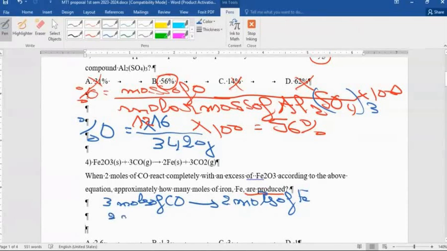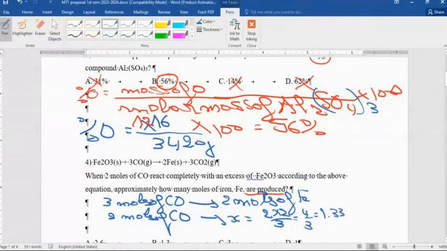I react 2 moles of carbon monoxide, which will give me X. And X will be the cross product: 2 multiplied by 2 divided by 3, which is 4 divided by 3, giving me 1.33.